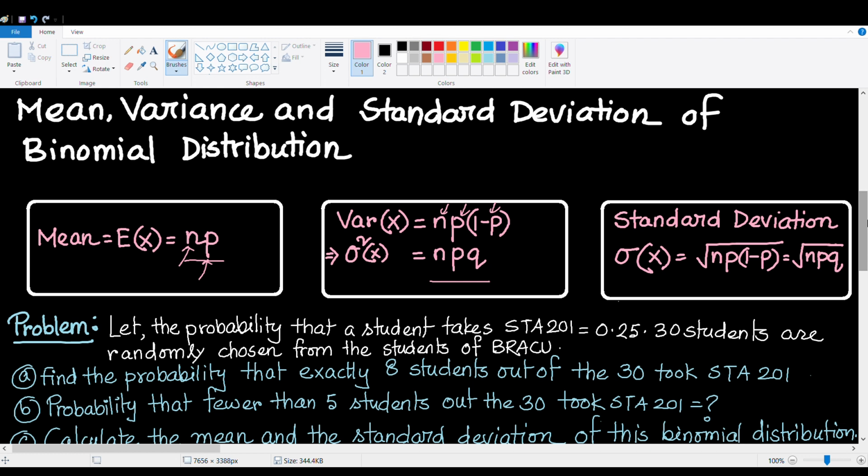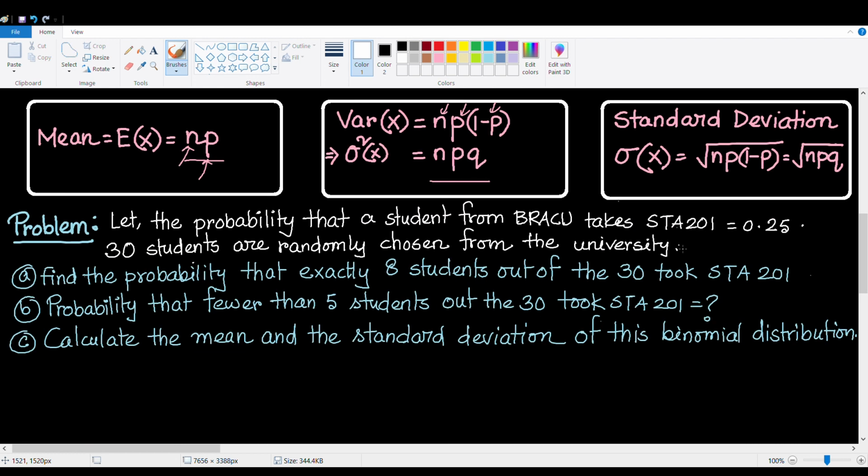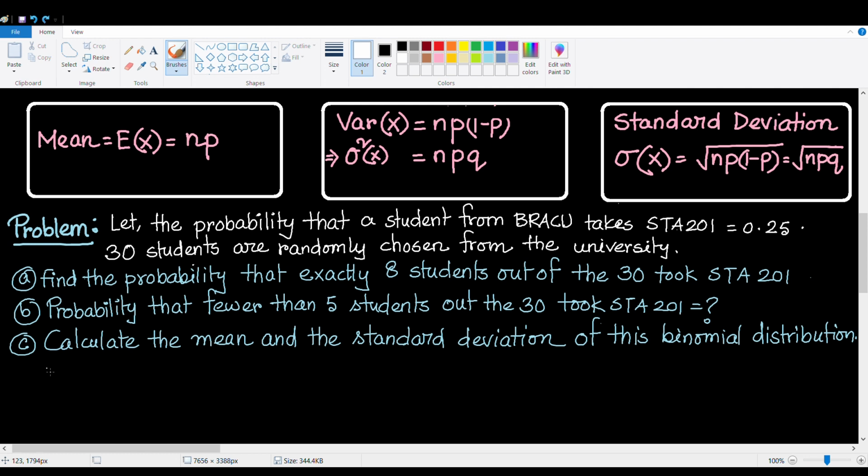Let's see a problem and apply the formula described before. The probability that a student from BRAC takes STA201 equals 0.25. Now 30 students are randomly chosen from the university. Question A asks you to find the probability that exactly 8 students out of the 30 took STA201. Let's solve this problem.